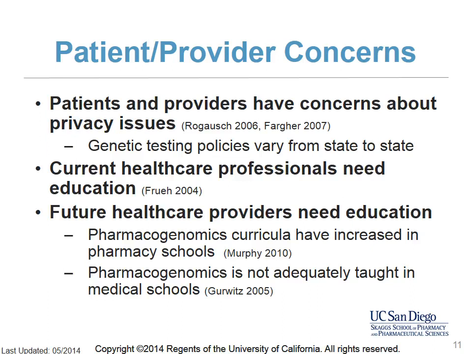So currently there are healthcare professionals that express the need for more education, and pharmacogenomics curricula have become available and have increased the educational materials in pharmacy schools as well as in medical schools.